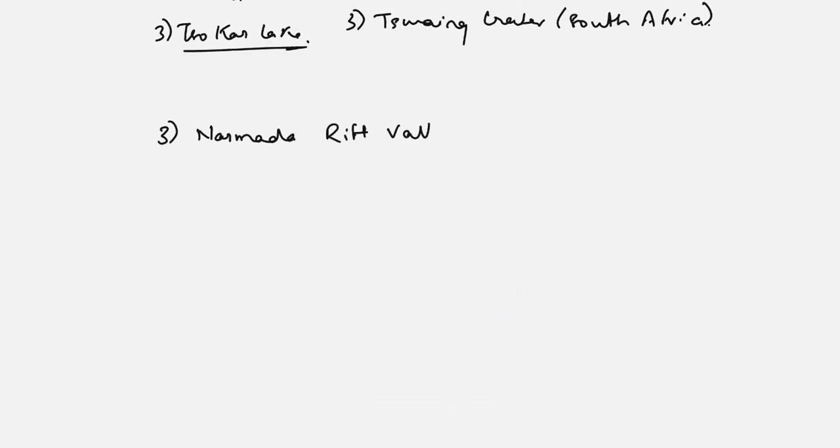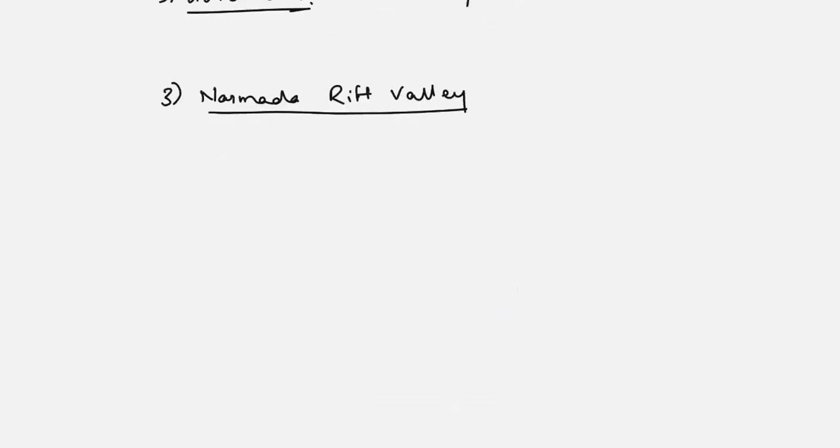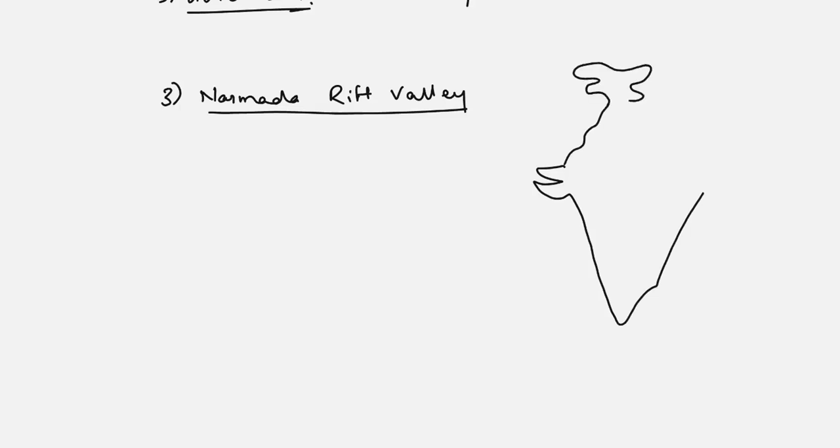Now, Narmada Rift Valley, if we see here the region of India, we have two mountain ranges. One is Vindhyas and another is Satpura.